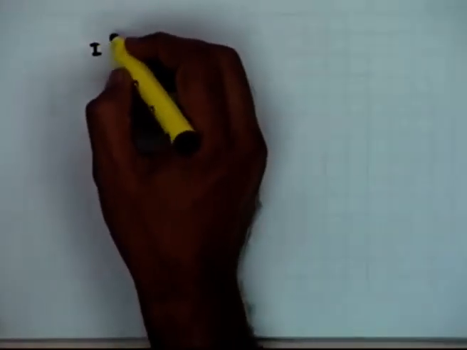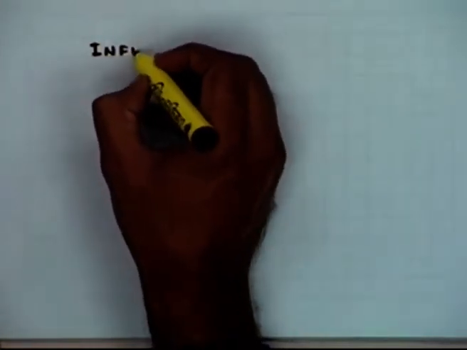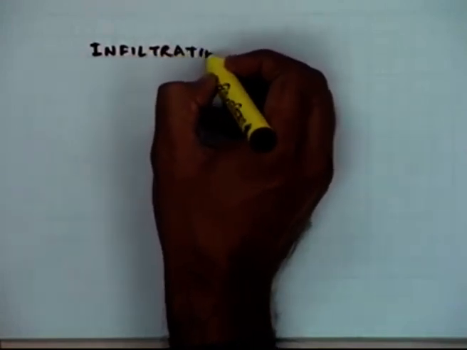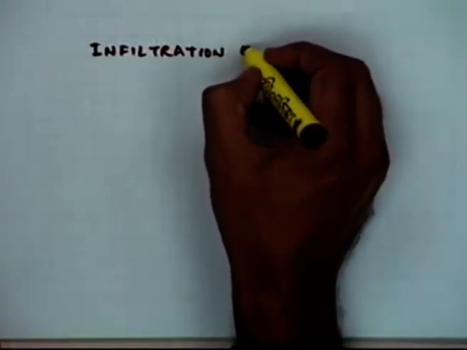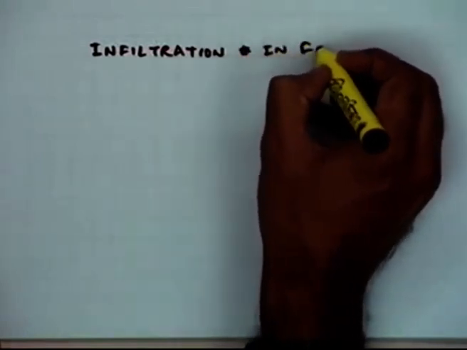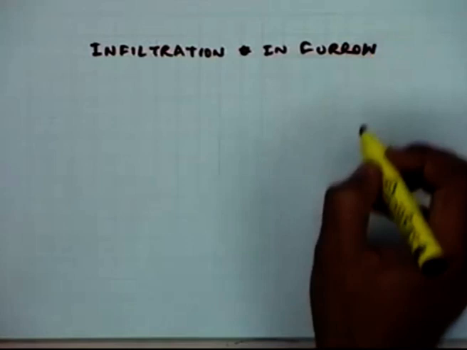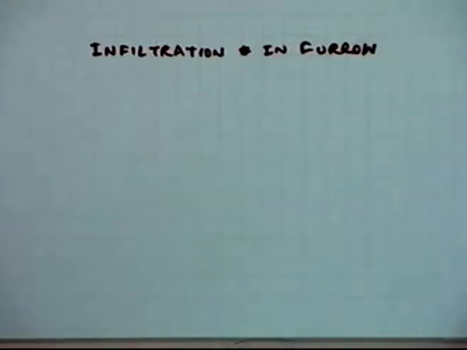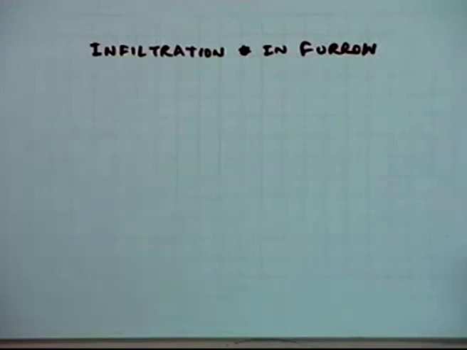Then there are some other peculiar problems with furrow irrigation. We have formulated some equations for the infiltration process, but they have to be revised. Why?